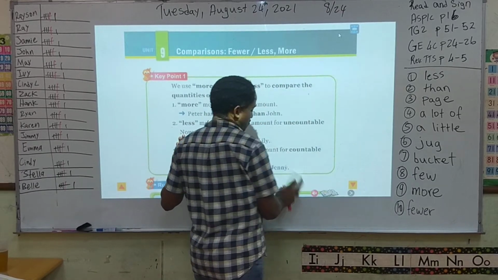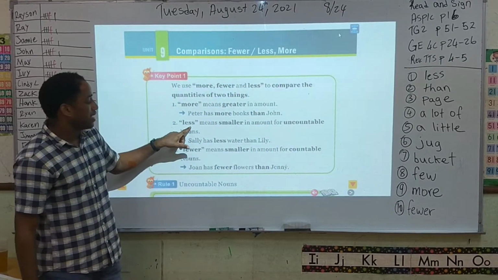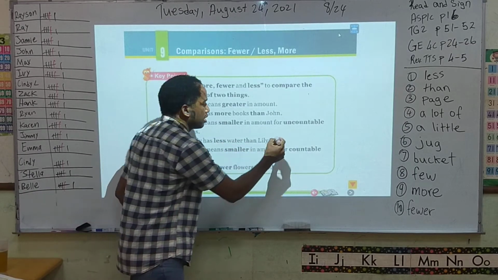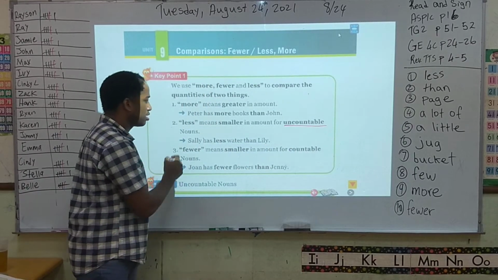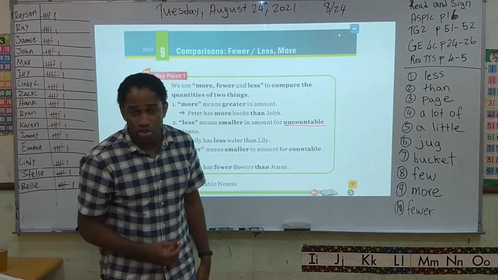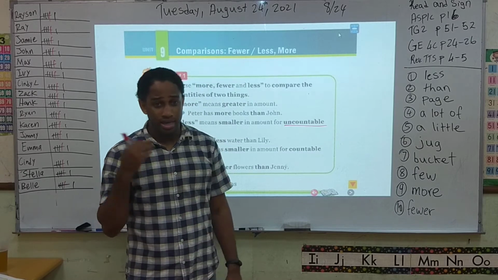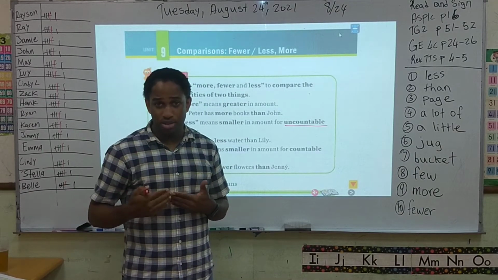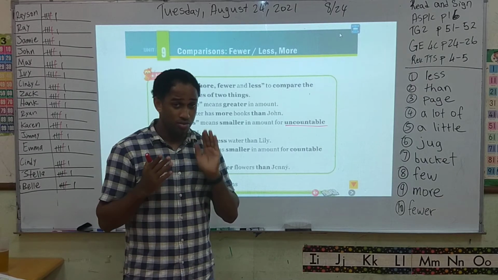Now, this is very important. Number 2, less means smaller in amount for uncountable nouns. So less water, less sugar, less rice, less money. Less for uncountable nouns. Remember this.